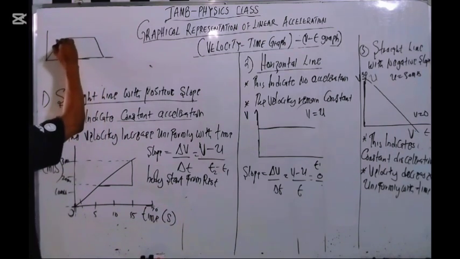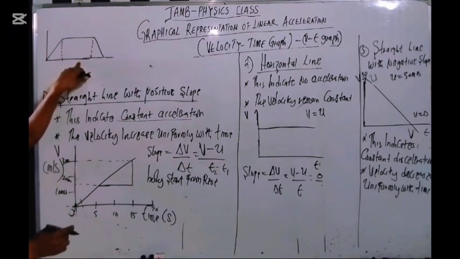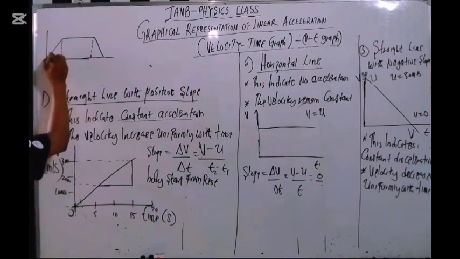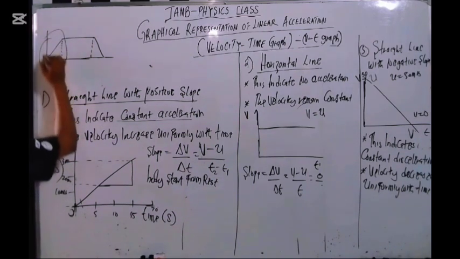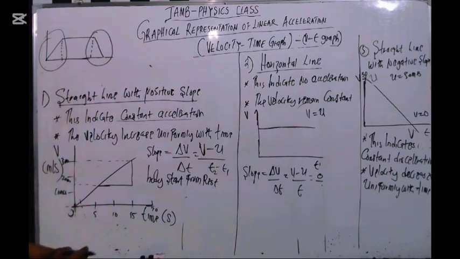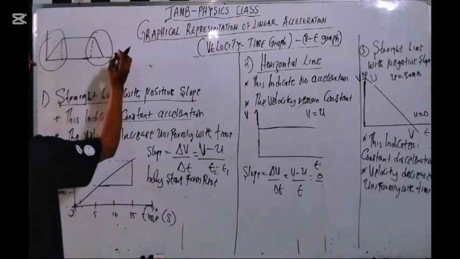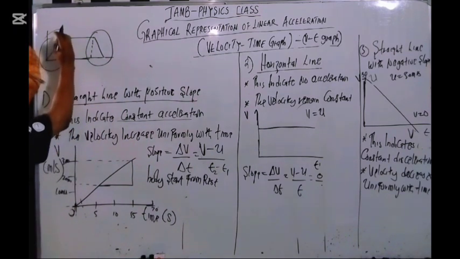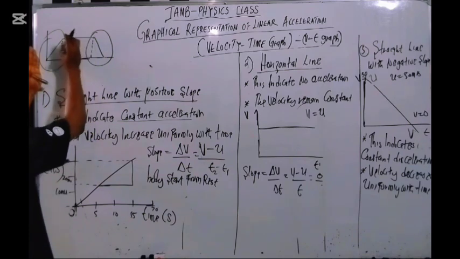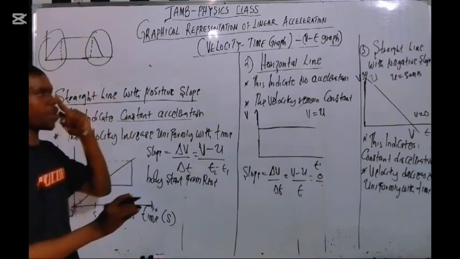Here is the acceleration, here we have the deceleration part, and here we have constant velocity. So the velocity time graph always has three different components: when the acceleration is increasing, when it is decreasing, and when the object is moving at constant velocity. Do you understand? We are done with this part.